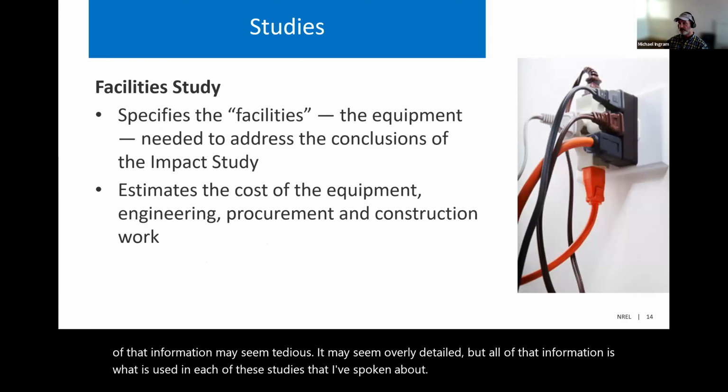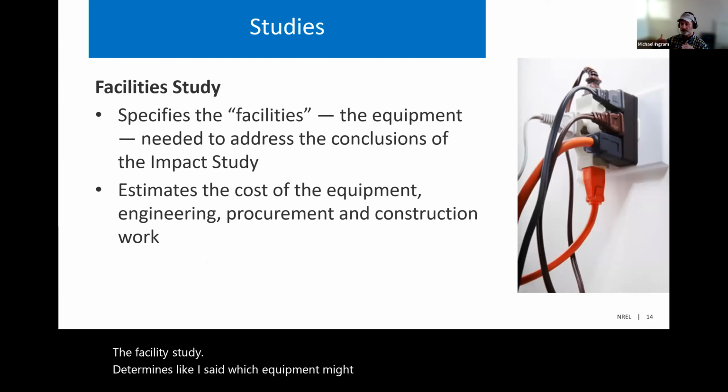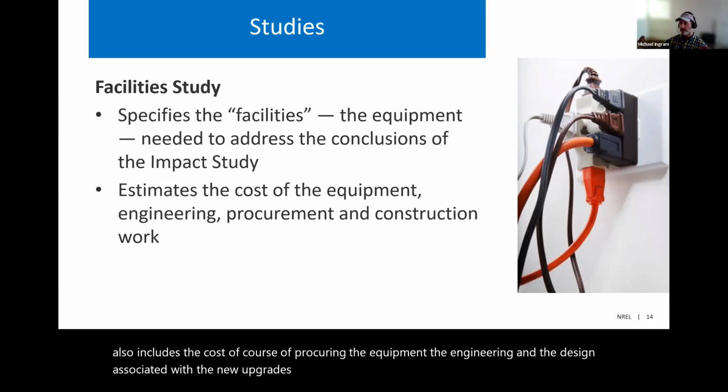The facility study determines, like I said, which equipment might be necessary to mitigate those impacts, but it also includes the cost, of course, of procuring the equipment, the engineering and the design associated with the new upgrades or the transmission line itself, the procurement processes, as well as the construction.